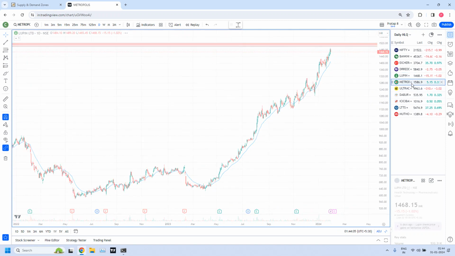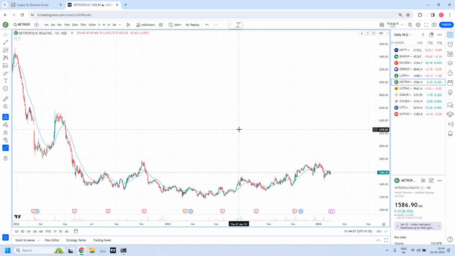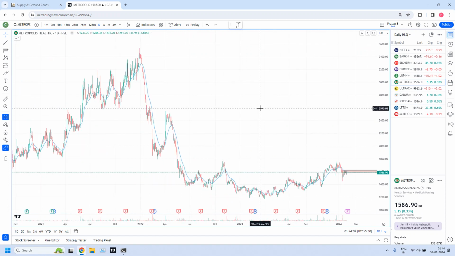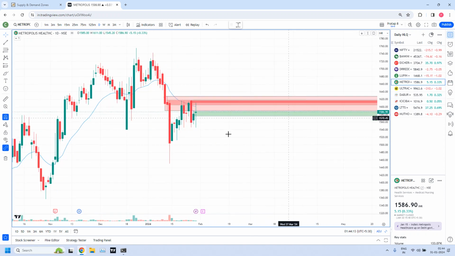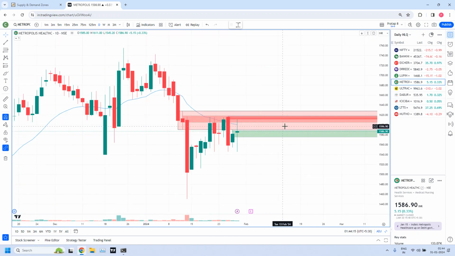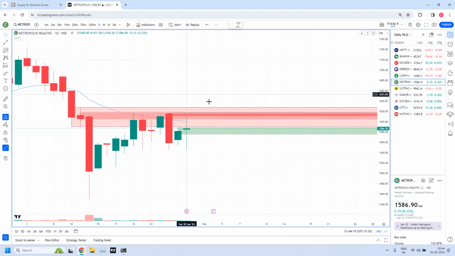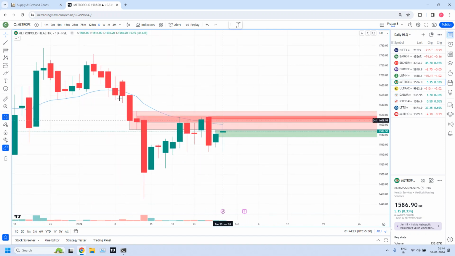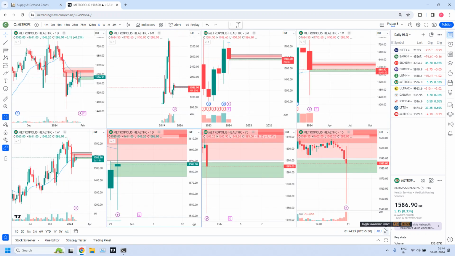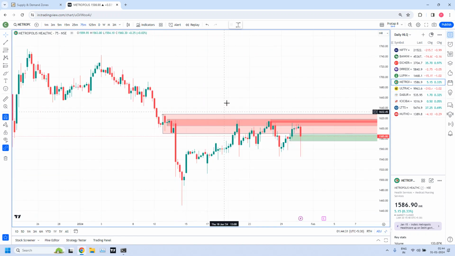The next one is Metropolis. In Metropolis we got a short trade, and the profit margin was very low for this stock. This is also a high liquidity supply zone, drop based drop. Inside this we have fine tuned to 75 minutes.